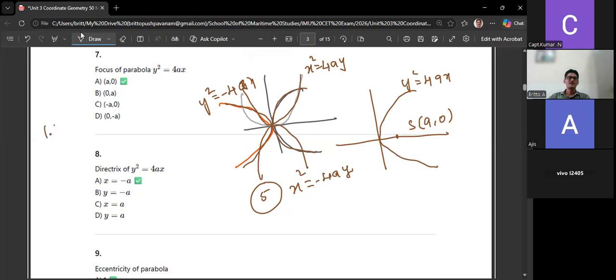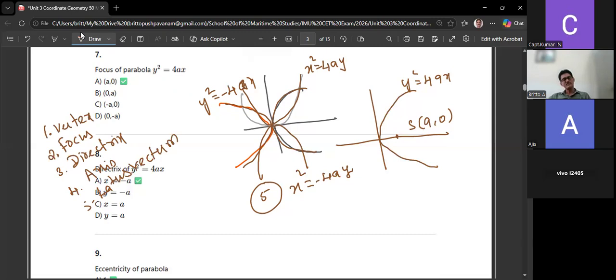The first one is vertex. The second is focus. The third is directrix. The fourth is axis. The fifth is latus rectum.